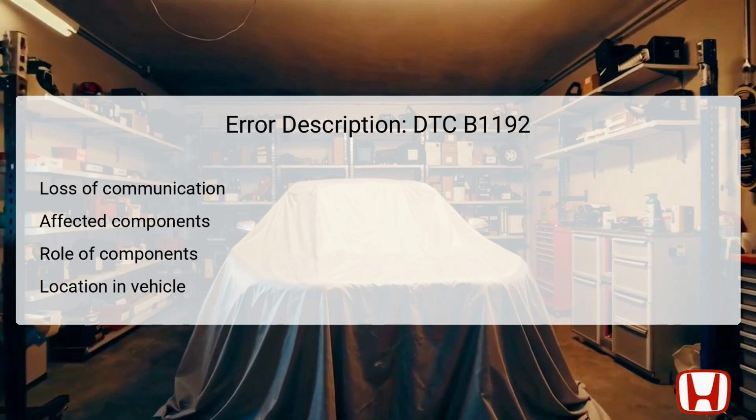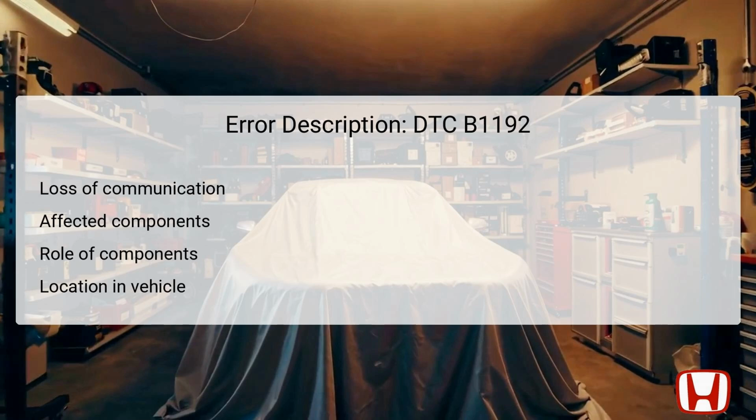The Gauge Control Module is typically located behind the instrument panel, while the battery sensor is usually situated near the vehicle's battery, often attached to the battery terminals.